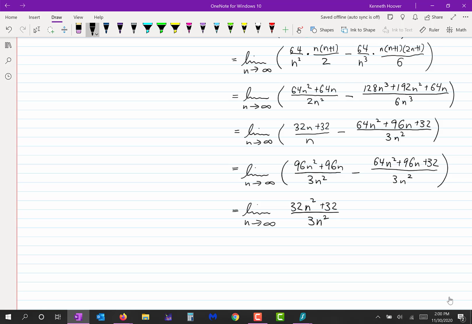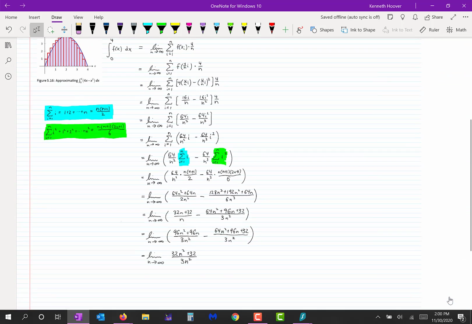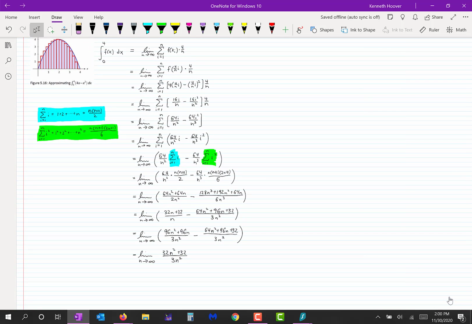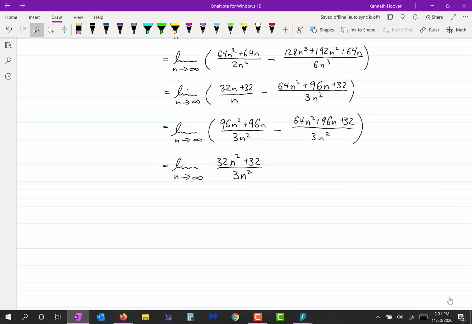And everything up until this point, let's see if we can see everything. Everything from here down to here has just been algebra. Okay? There's only one tiny step of calculus at the end, and that is to do the limit.